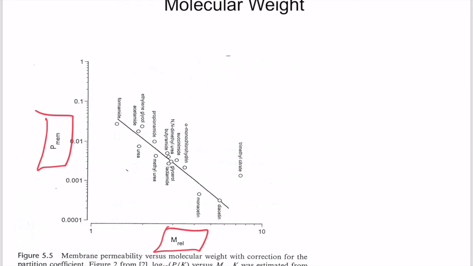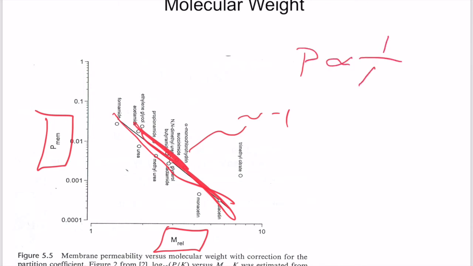Okay, right, so the permeability, in this case, once again, it's a log-log plot, but it's a negative slope, and I think that's around a slope of -1, which means that the permeability is proportional to 1 over the molecular weight of the solute. So as the molecular weight goes up, the permeability goes down. Right, it's harder for it to get through.